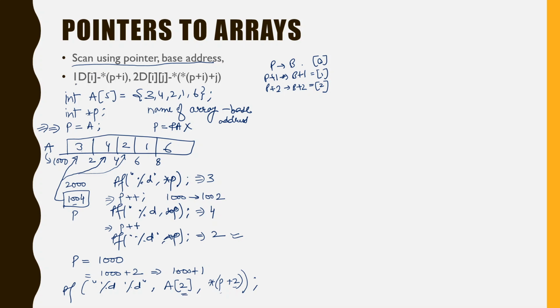So you can use this general formula: to access any variable a i, you can directly use pointer p plus i. This is the method to access any variable directly, and it is also helpful for various programming purposes. Now let us understand with the help of one example.